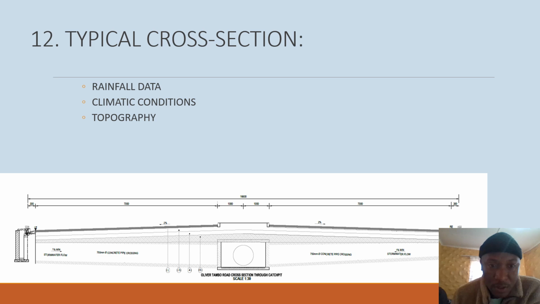From that information, we have determined that we needed to upgrade our road to a 4-lane divided road, which is divided by a median, and which is going to also have a camber of at least 2% slope towards the stormwater channel.